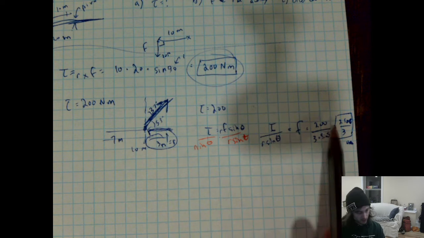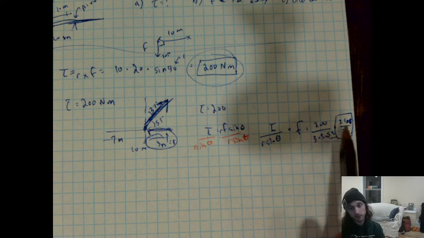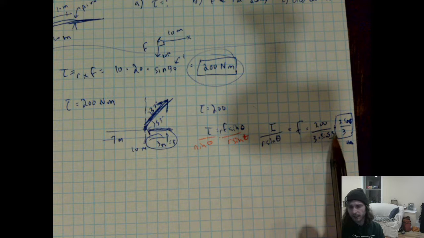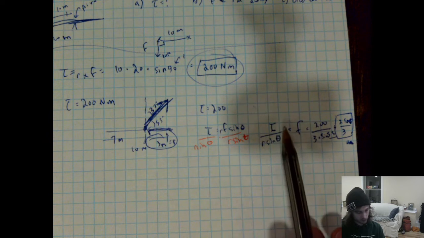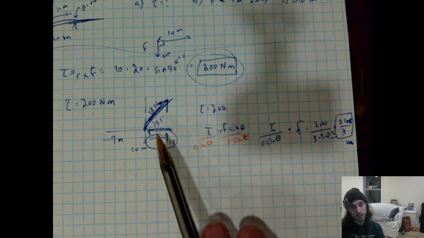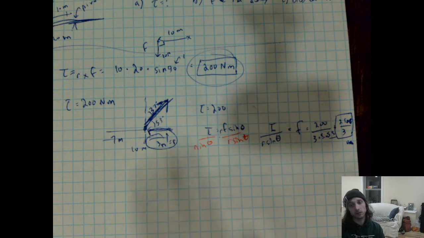To get that same amount, we're going to have to use somewhere around 80 newtons of force to generate the same torque of 200 newton meters, because we're much closer in, and now we're at an angle instead of pushing straight at 90 degrees. If either of those had been happening alone, it wouldn't have been as exaggerated an effect, but because they're both happening, it's a much more exaggerated effect.